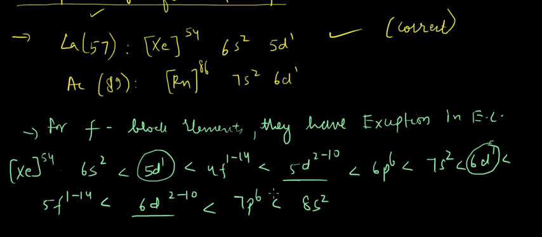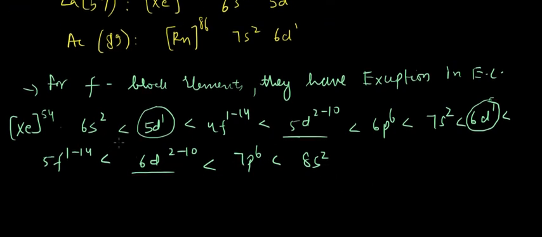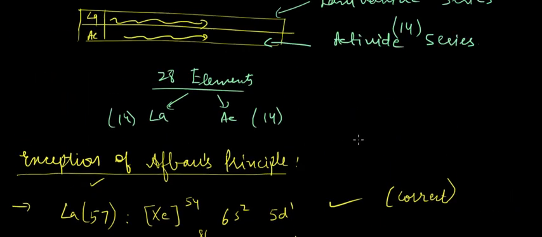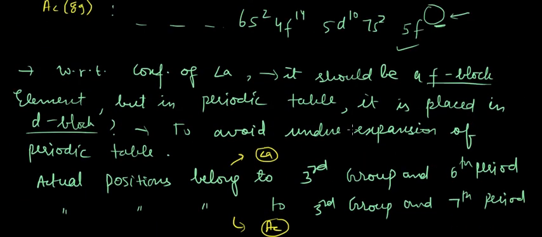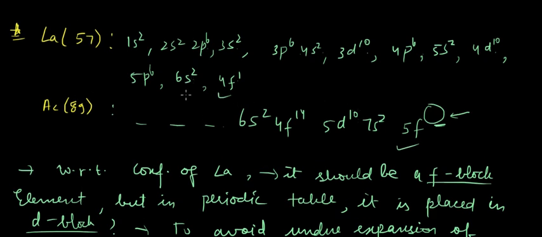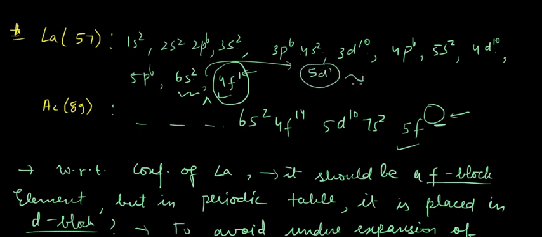Okay, so just remember that instead of the electron going directly to 4f1, as we saw in the previous configuration, here in between the first electron would be going to 5d1, then it would be going to 4f.